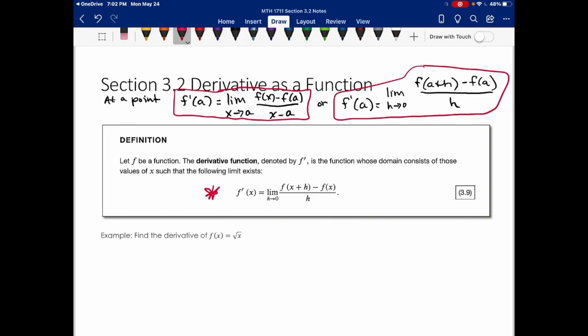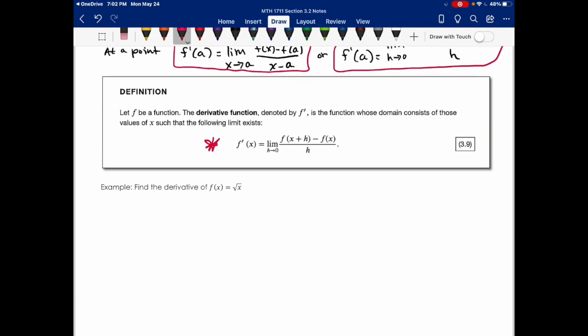It's the definition that we would be able to find the derivative as a function. And once we get that function, we could plug in different points to see what the slopes of the tangent lines are at different points. The derivative function is defined as the limit as h approaches 0 of f of x plus h minus f of x all divided by h.